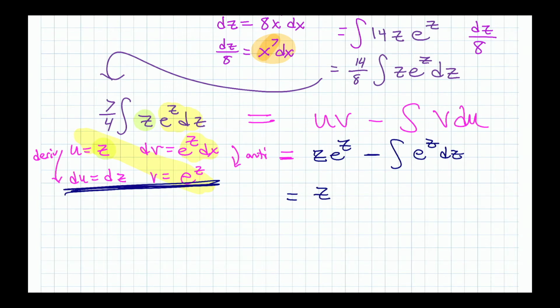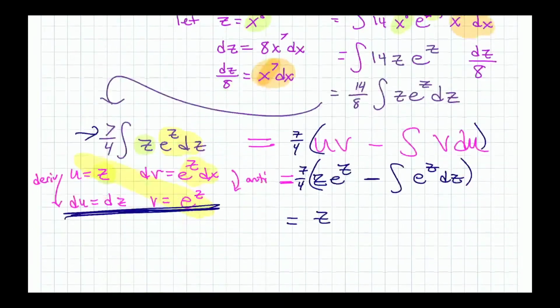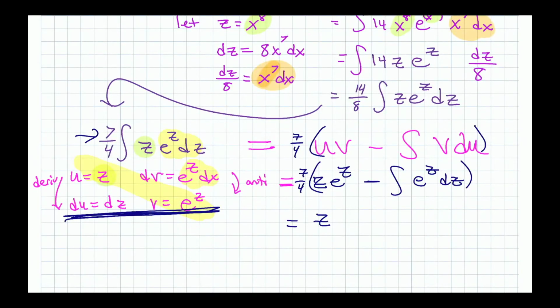integrate. Now, also, something I forgot here. We had a 7 over 4 out front, so I should have a 7 over 4 outside everything.